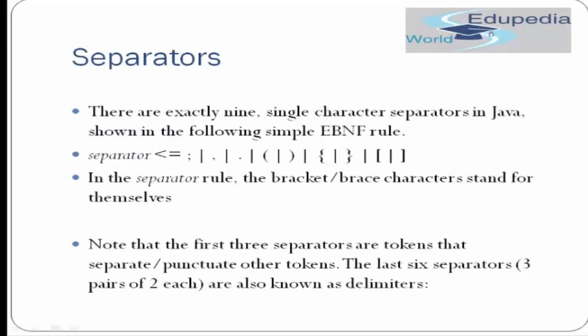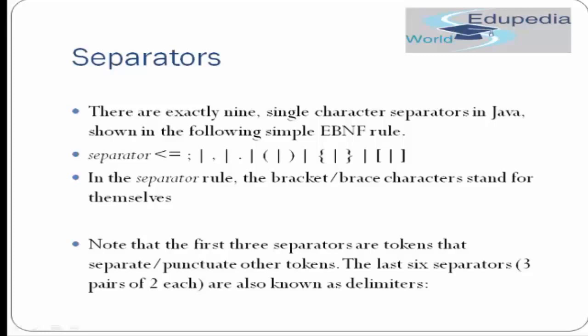Separators. There are exactly 9 single character separators in Java, shown in the following simple EBNF rule. These are the 9 separators present in Java, starting with a semicolon and ending with a brace. Separators are used to put a separation between 2 Java things. Those things could be a method, an object, a simple literal, a variable, or anything else.